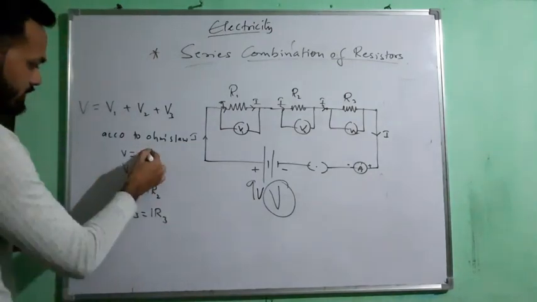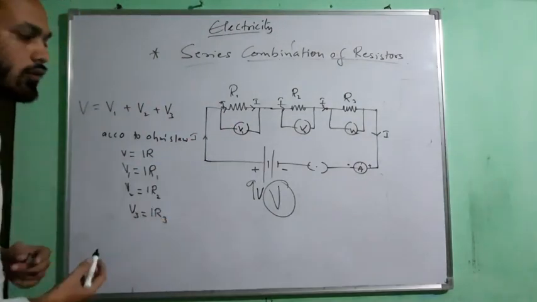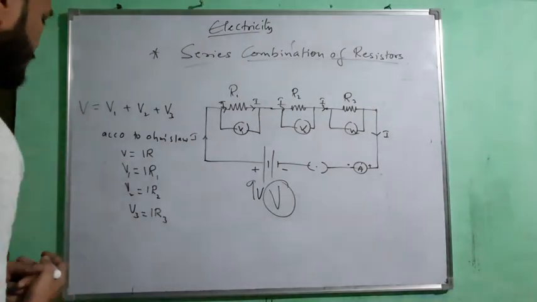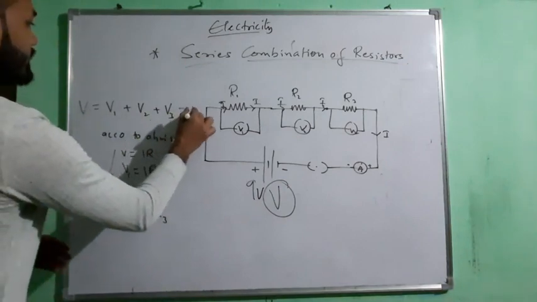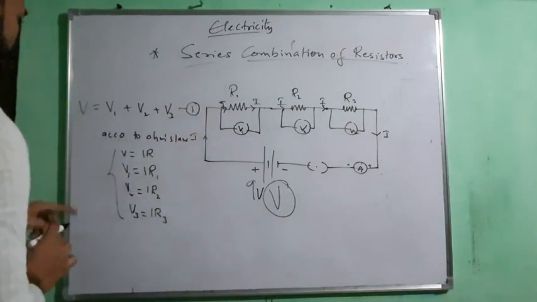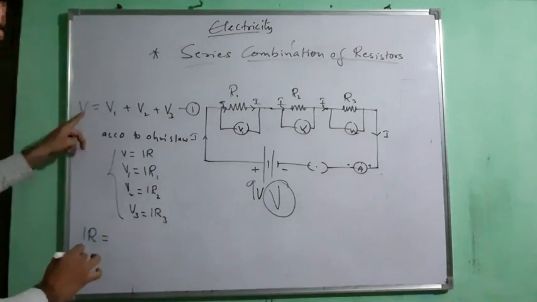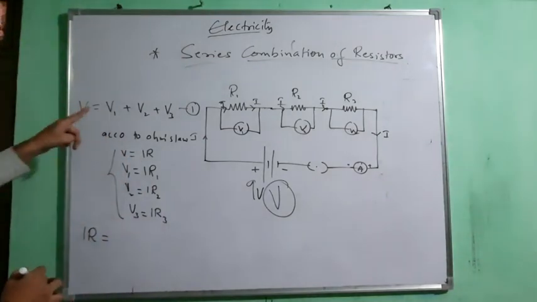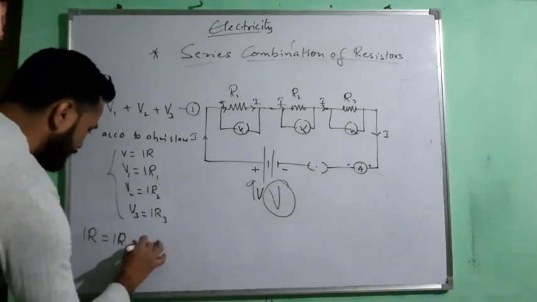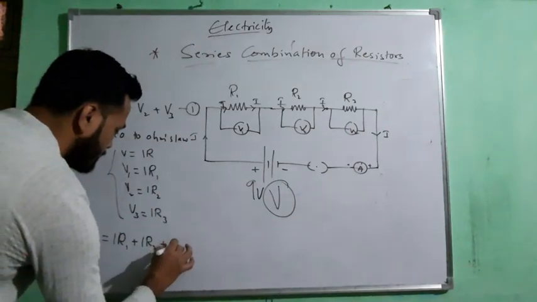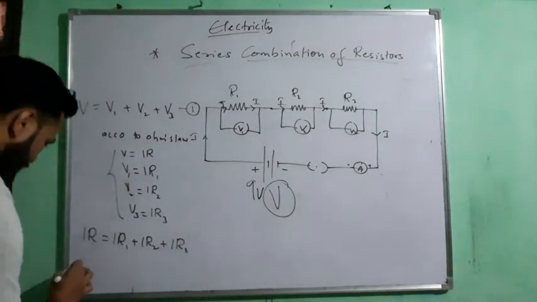You can see the same current is flowing through each resistor, that is why I have not changed I. Now these values I will put into equation 1. In place of V, I write IR. In place of V1 I write IR1, similarly IR2, IR3. Now take out the common factor. Here it is.